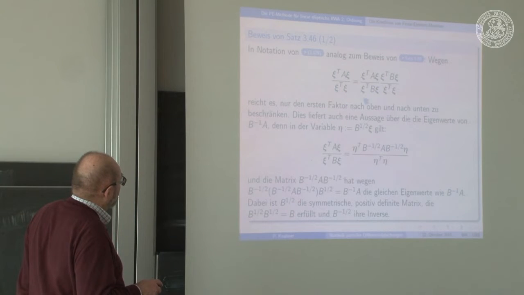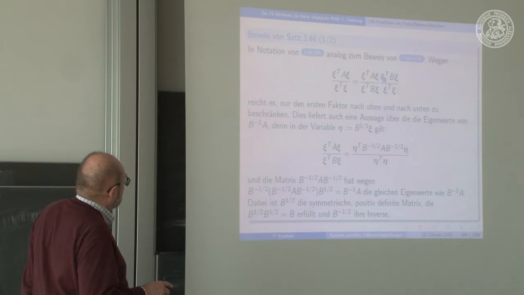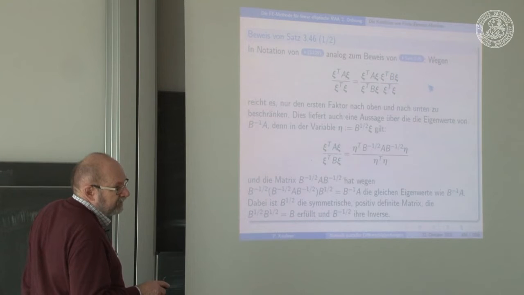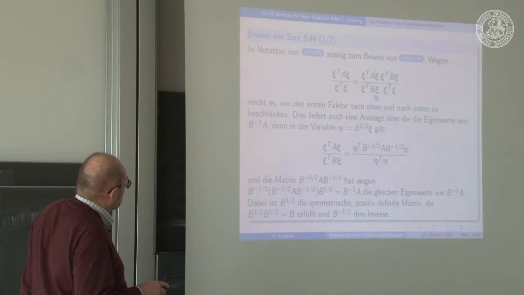We bring in this quadratic form with B as the matrix and take it out again. And the second factor we know already. It is the factor with which we have just dealt. So this is bounded from above by some constant, so we only have to deal with this first factor here.